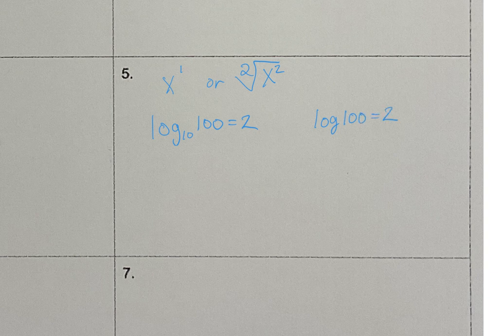So if we had this number, how would we write this in exponential form? Pause the video and remember that the base, if it is not written, is equal to 10, and see if you get it correct.